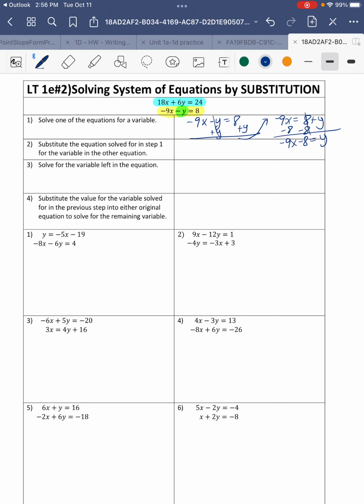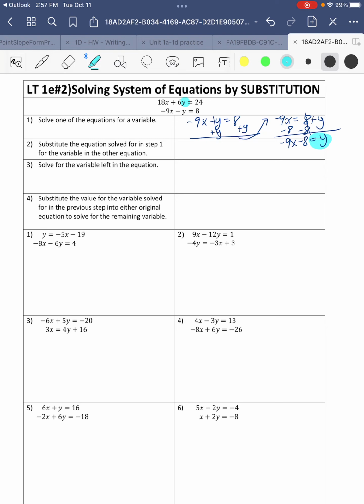Now we're going to substitute the equation solved for in step 1 for the variable in another equation. So here's what I'm talking about. We have y equals, from our second equation. I'm going to take that and substitute it in for y in our first equation, the other equation that we did not already solve for.